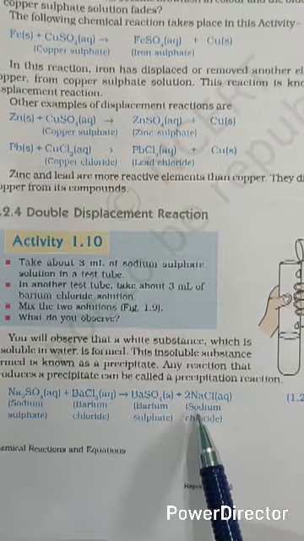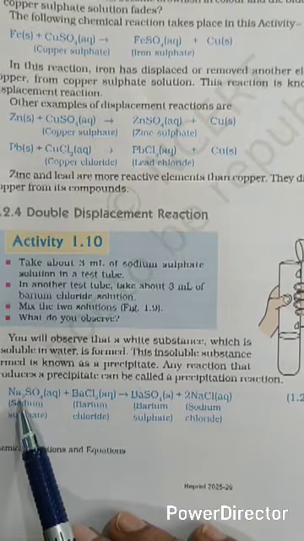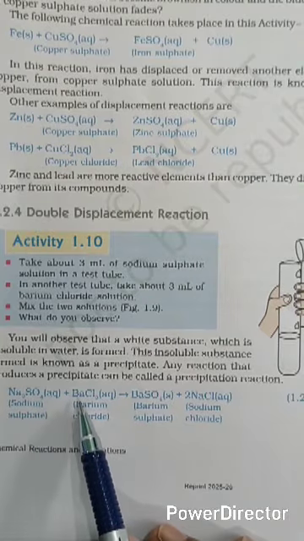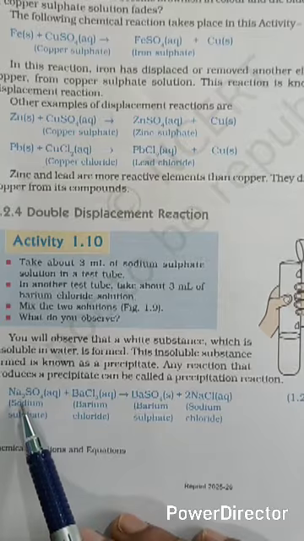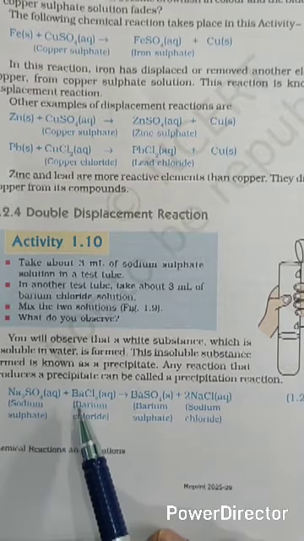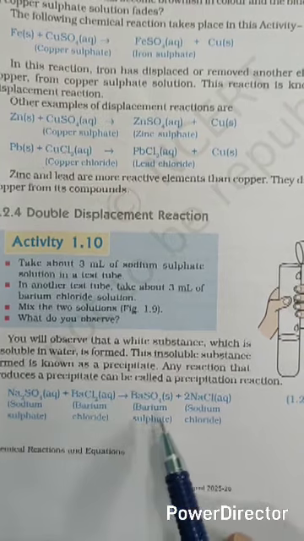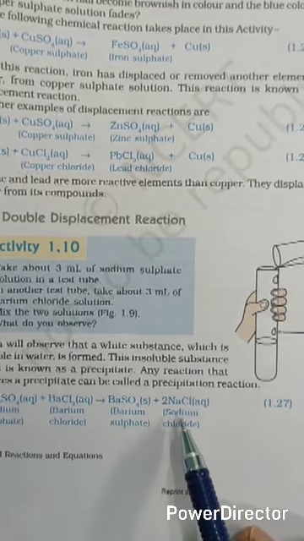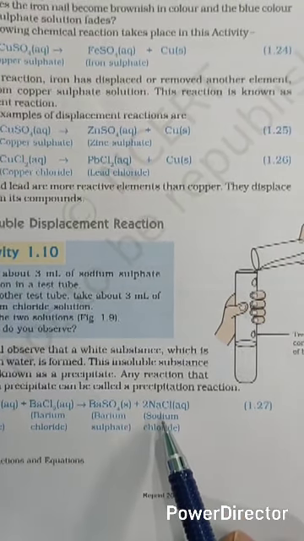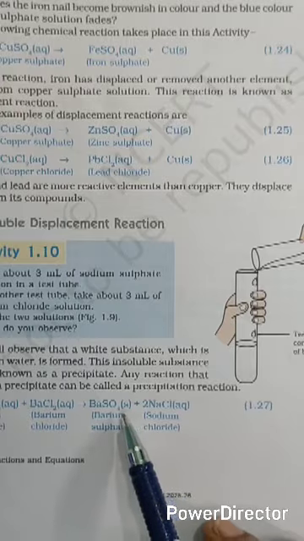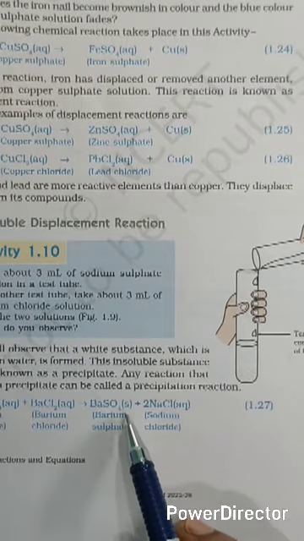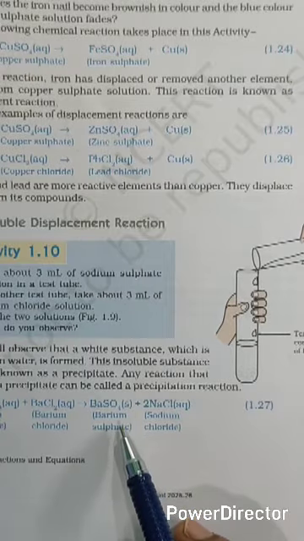So that is a double displacement reaction. That means sodium displaces barium and barium displaces sodium, both. That means there is transfer of ions. Ultimately barium sulfate and sodium chloride form. Out of these, barium sulfate is in solid form.